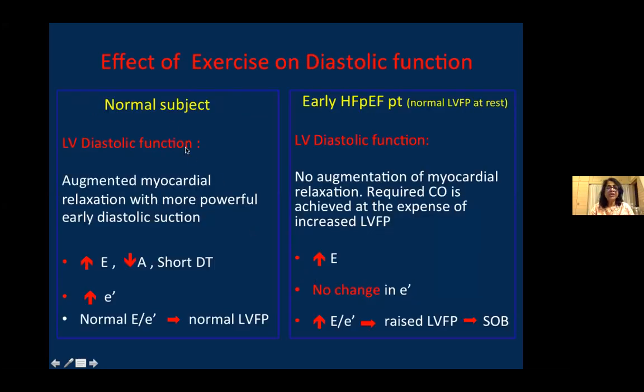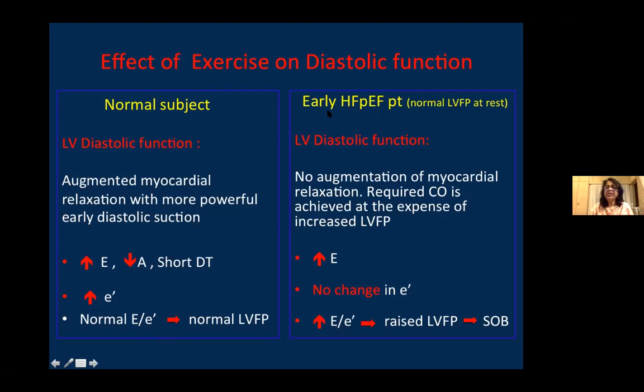This is because in a normal subject, when the patient exercises, there is augmentation of the myocardial relaxation with more powerful early diastolic suction, which results in increased E wave velocity as well as E prime velocity. So it keeps the E by E prime normal.